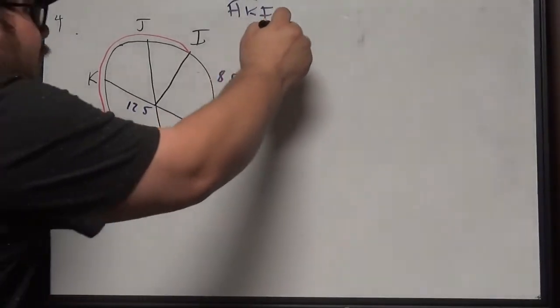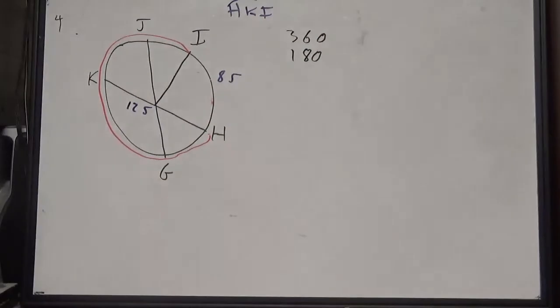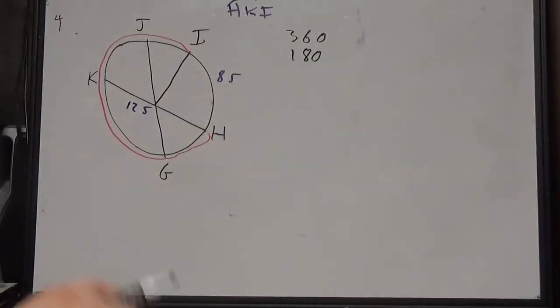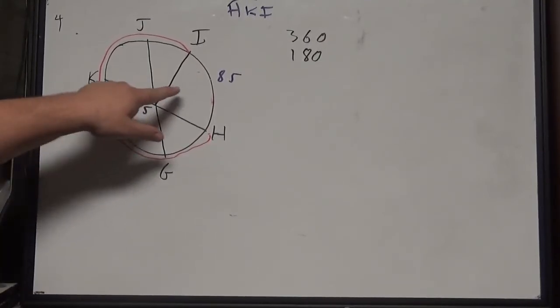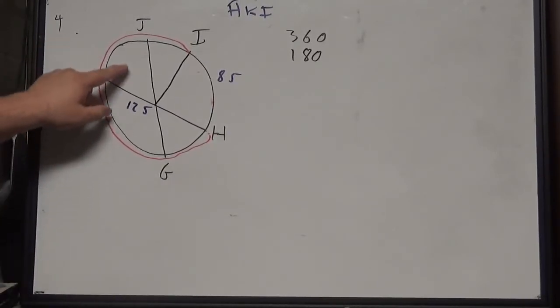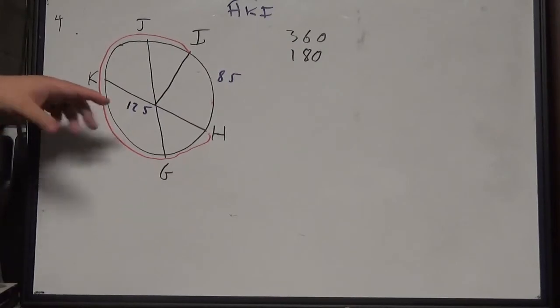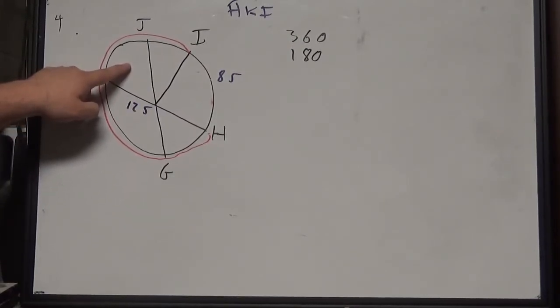Second step, remember the rule of 360 and rule of 180. Now identify what we're finding here. We have two measurements: 125 and 85. Now again, we could find each piece of this using the rule of 180. I could say 125 plus whatever this is equals 180.